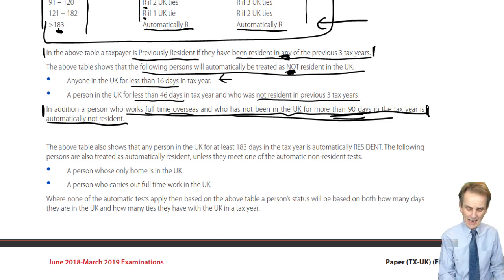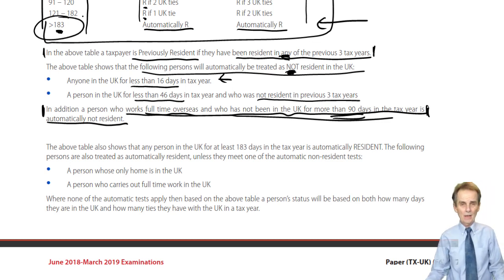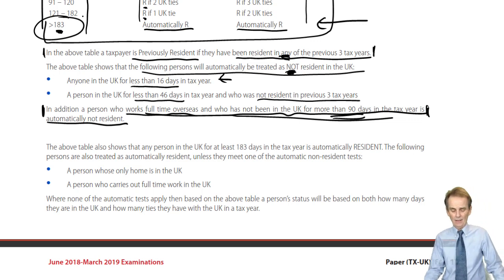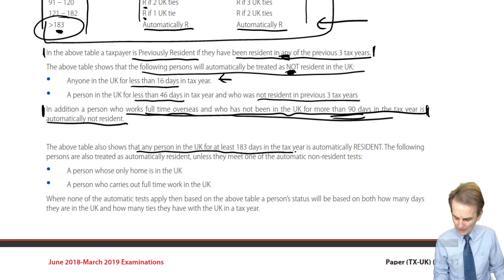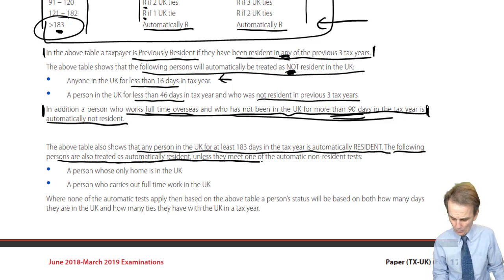And that, as we can see, has the same number of days, 183 days or more spent within the UK. Again, the above table shows that any person in the UK for at least 183 days, that's basically 6 months in the year, half the year, is automatically resident. The following persons are also treated as being automatically resident.